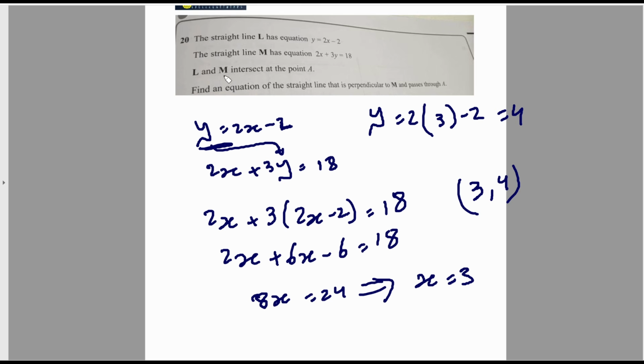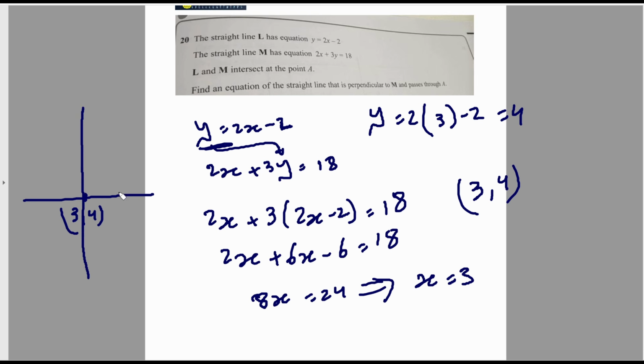If I draw that to help me, the straight line here, the point on it here, 3 and 4. And he says to find the equation of the straight line that is perpendicular to M and goes through 3 and 4.